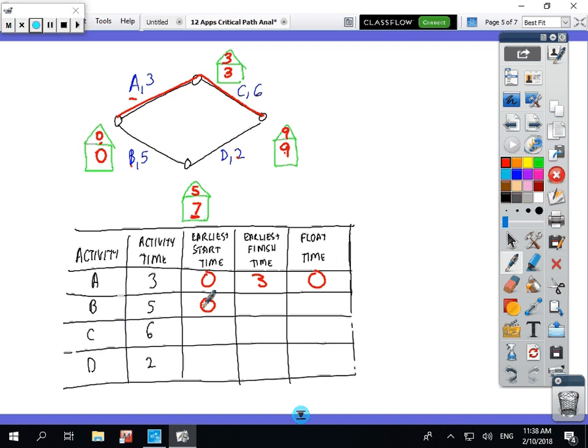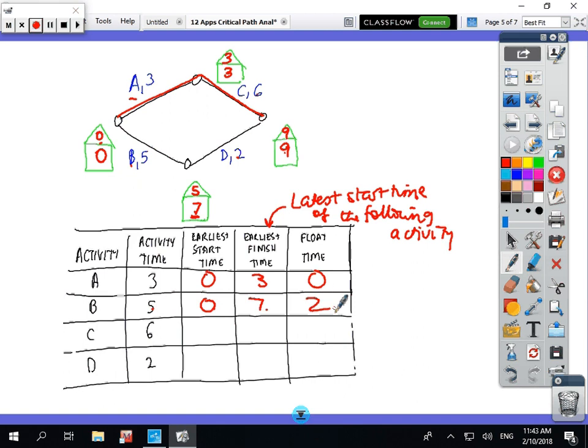The latest finish time is the latest start time of the following activity, which is 7, and so 7 minus 0 minus 5 is 2, so B has a float time of 2 minutes.